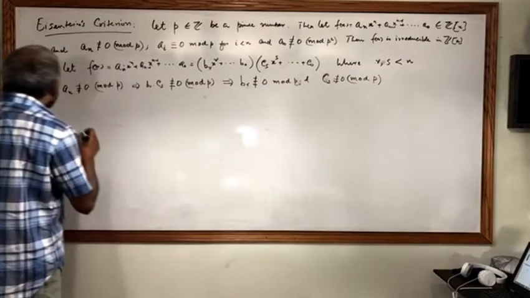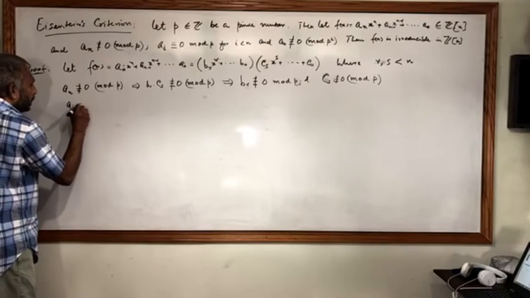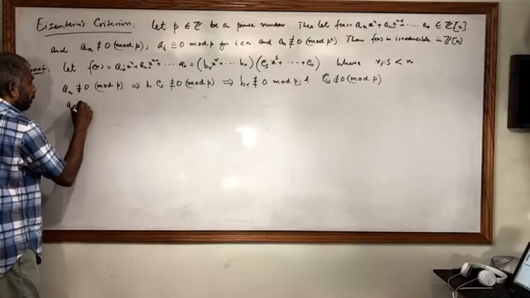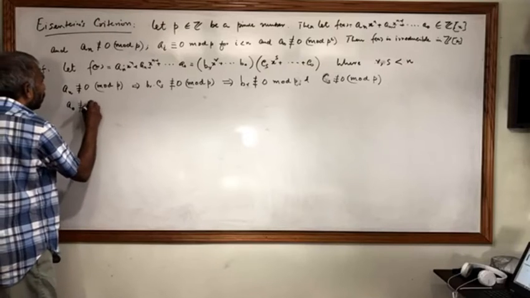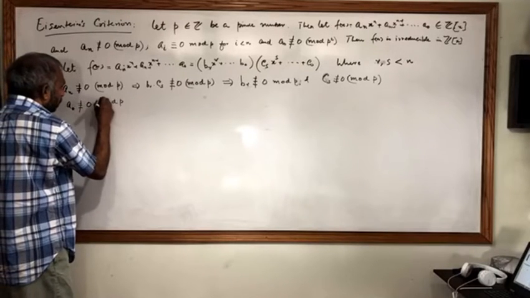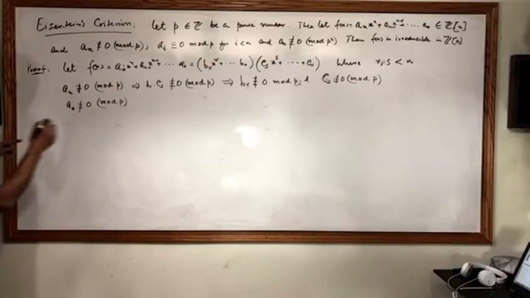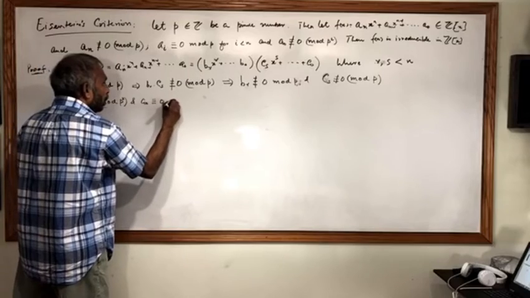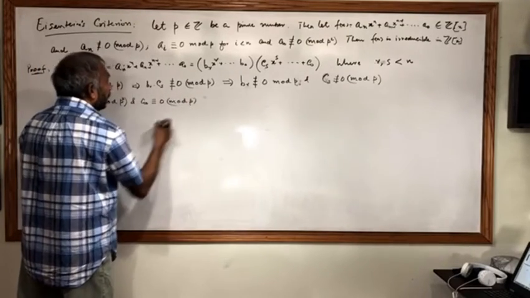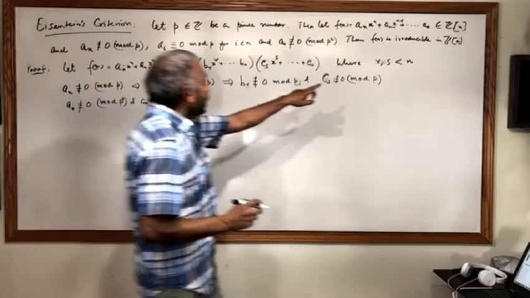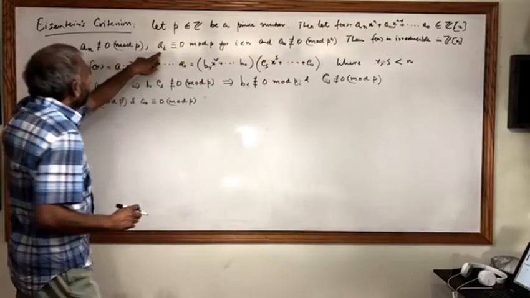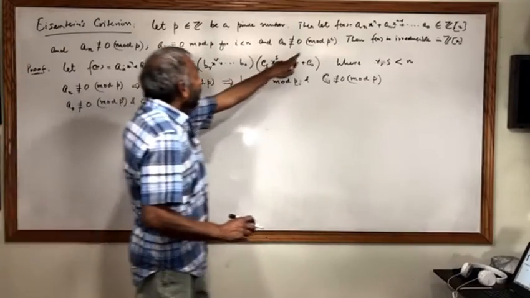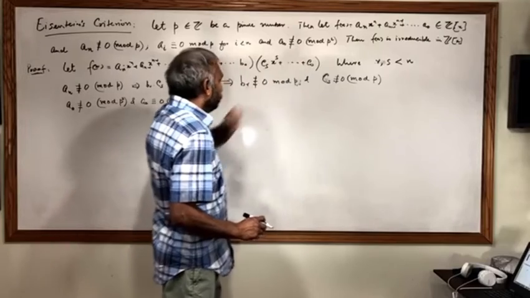Now the next one is ai is equal to 0 mod p for all i less than n, and a0 is different from 0 mod p square, and a0 is equal to 0 mod p. But for p square it is not, a0 is not equal to 0.